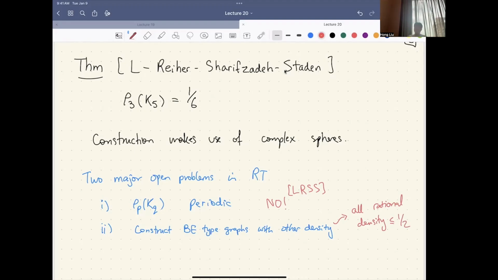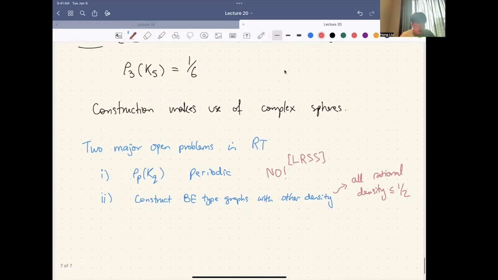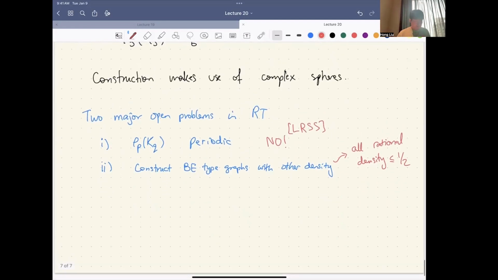Before, the Bollobás-Erdős graph has density 1/2, and this bound-length construction using product construction can realize powers of 1/2. This is some comments I want to make. So let's set up some basic properties of high-dimensional complex sphere to begin the construction.